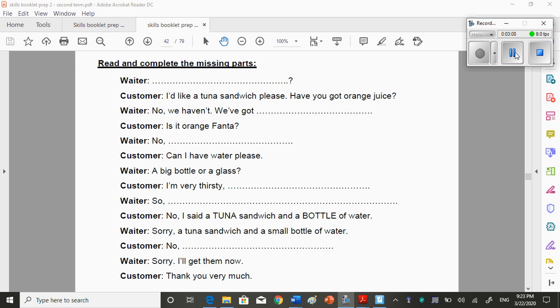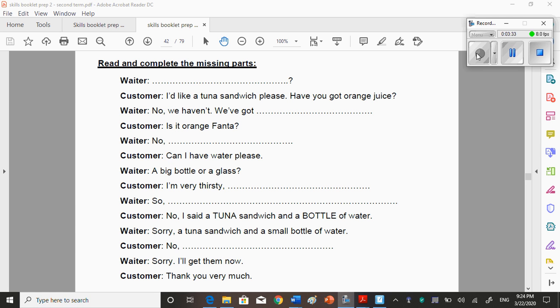This means that the waiter said something wrong. Then after that, the customer says, no, I said a big bottle, because the waiter before that said a small bottle. That's all we may think of to complete our missing parts in a dialogue.